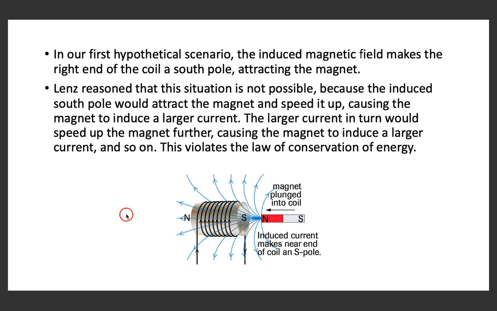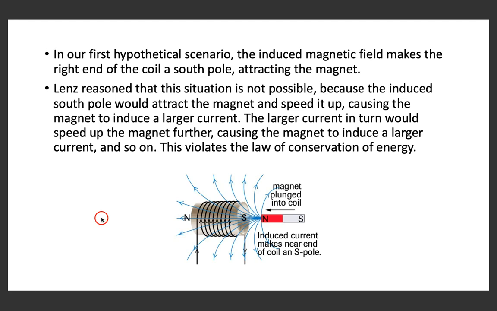And you kind of have this situation where you're basically creating energy out of nowhere. If this becomes the south pole of a magnetic field, the magnet's just going to keep speeding up as it goes through the coil on its own.